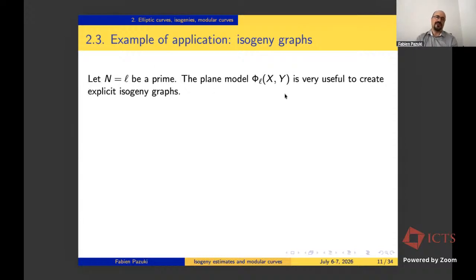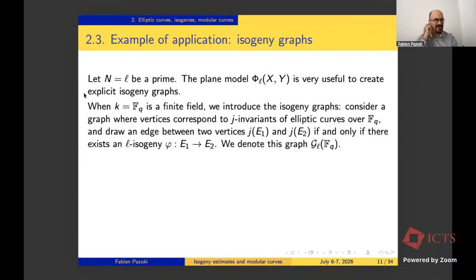So now I have phi L of x, y. And it's a rather useful polynomial if you have it, because it can help you describe what is called an isogeny graph. So what's an isogeny graph? Let me fix K to be F_q. In all that I'm saying, as soon as the characteristic is not 0, of course, it's coprime with the degree of the isogeny.